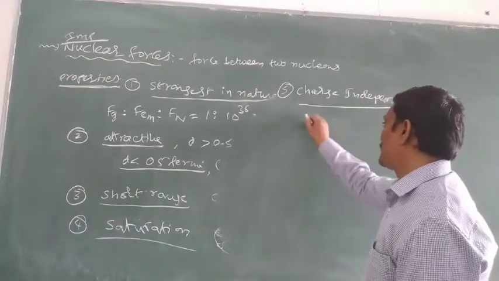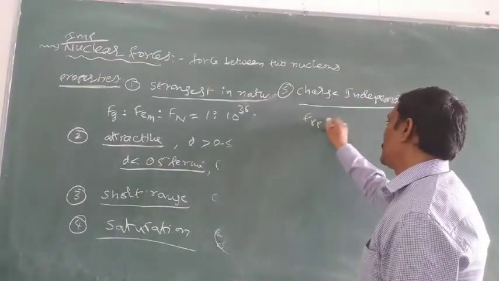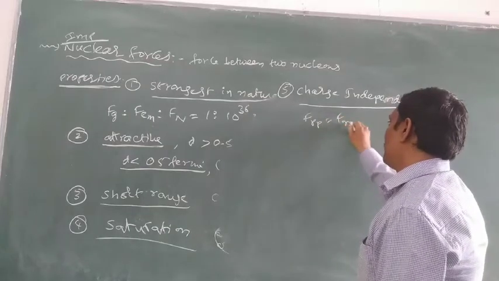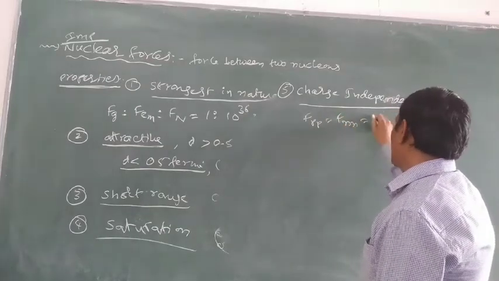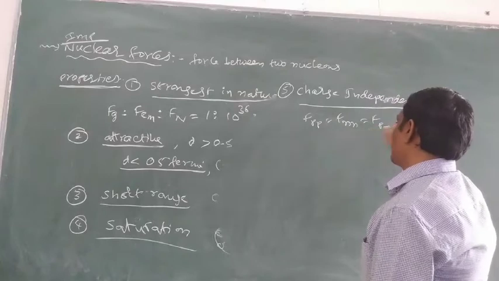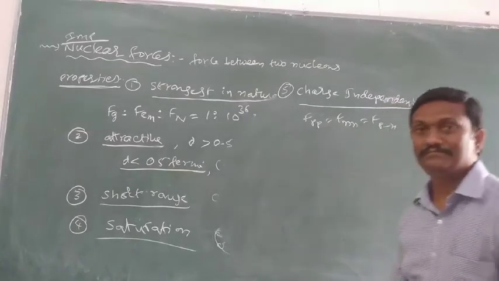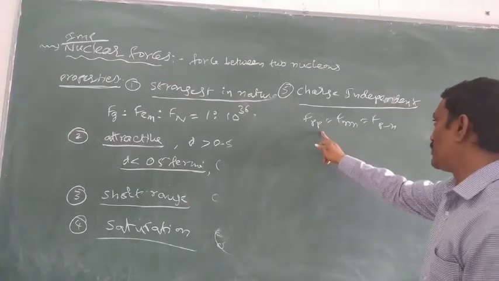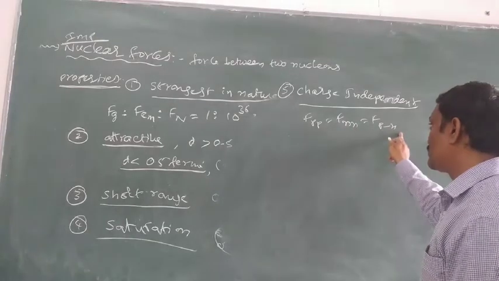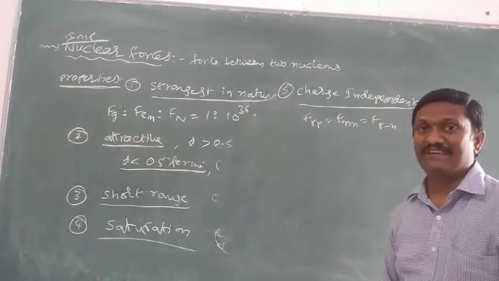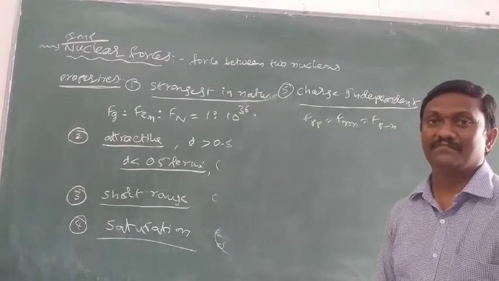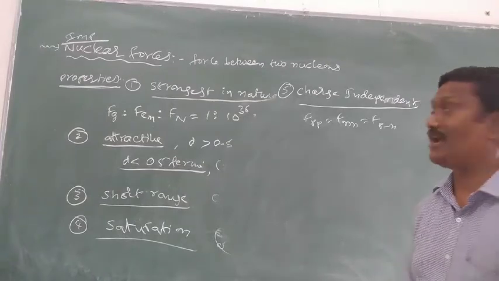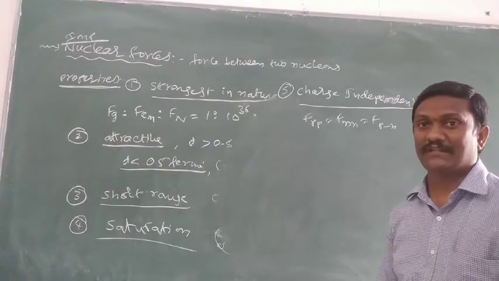The nuclear force between two protons, the nuclear force between two neutrons, and the nuclear force between a proton and a neutron remain the same. Between two protons, two neutrons, and one proton and one neutron, nuclear force always remains the same. Hence nuclear force is also called a charge independent force.